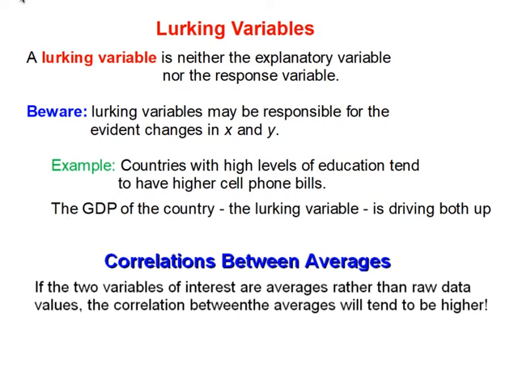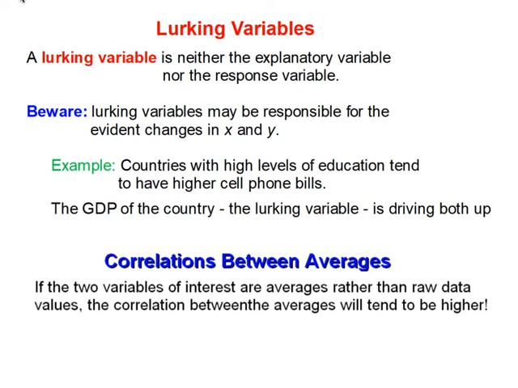For example, countries with high levels of education tend to have higher cell phone bills. Well, is it the fact that education gives you high cell phone bills, or is the gross profit of those countries, or the GDP, the lurking variable really driving both of them? The fact that there's more money in the country gives you higher education and higher cell phone bills.